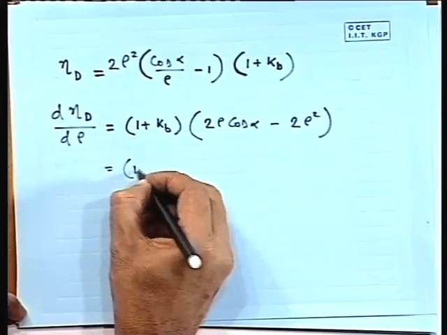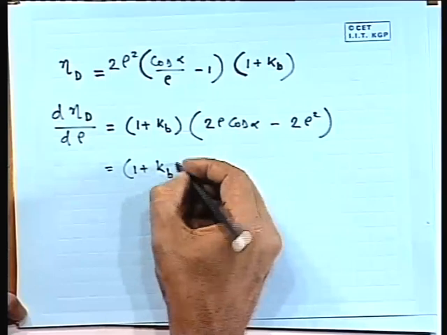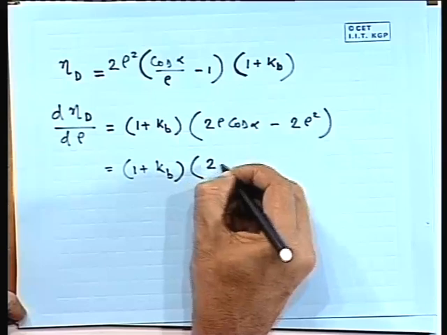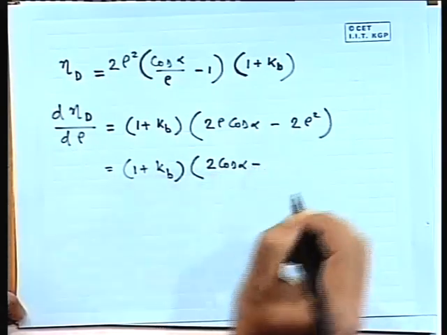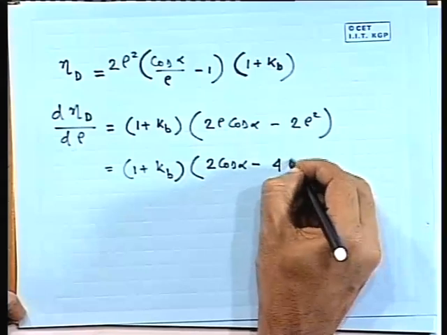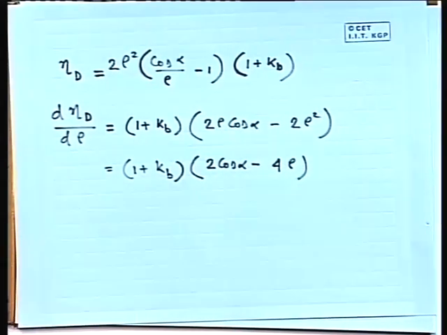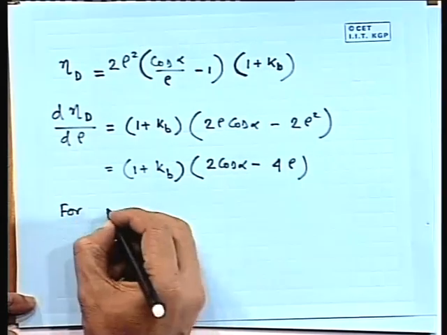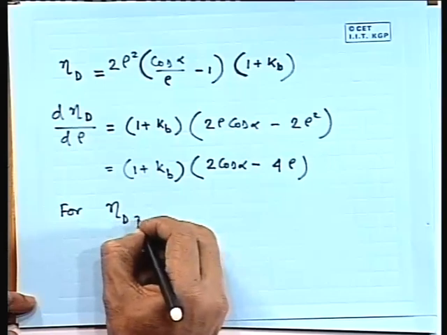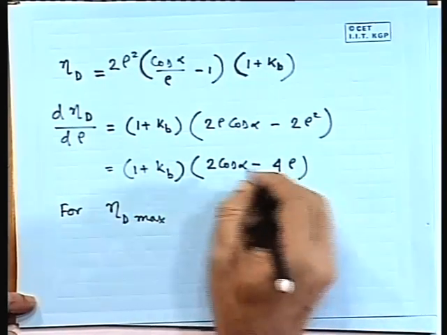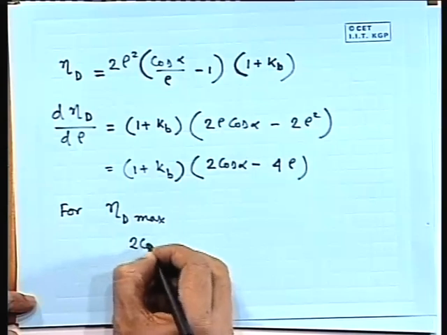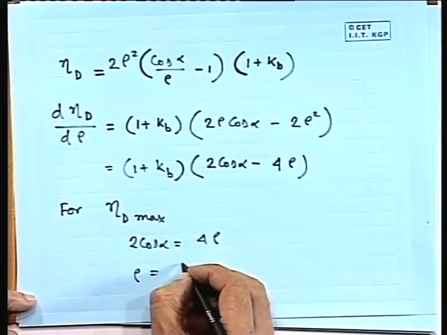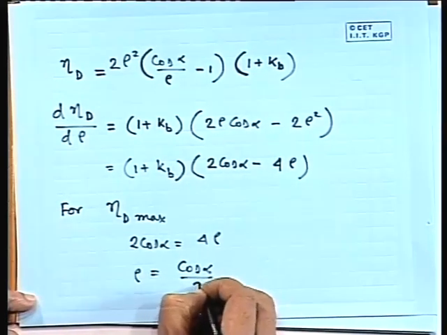So, this is equal to 1 plus Kb and 2 cos alpha minus 4 rho, and for maximum efficiency this is equal to 0. So, for eta d max, we will have twice cos of alpha is equal to 4 rho, or rho is equal to cos of alpha by 2.